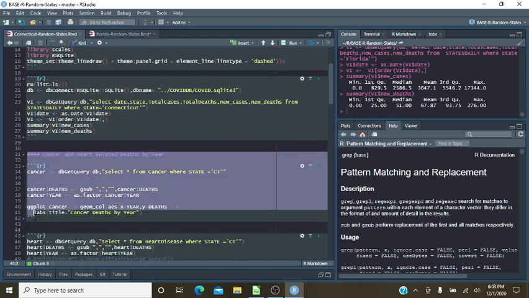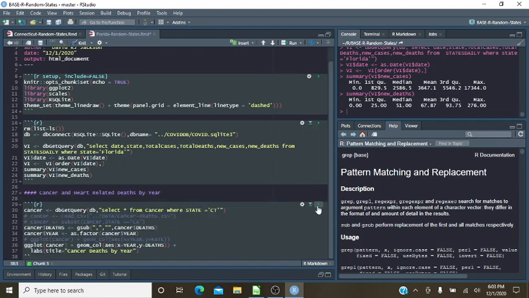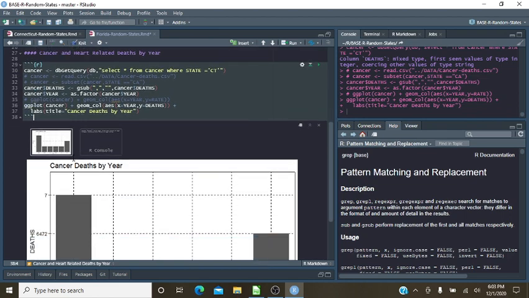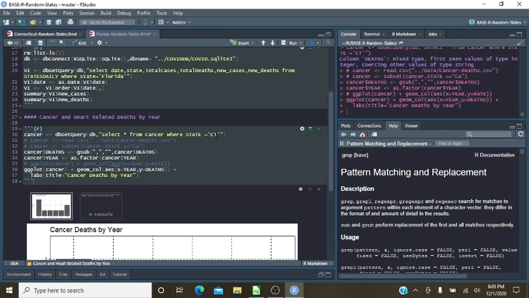Let's just look at their heart rates. I would expect Florida with a senior population to be up there pretty good with other states. So, nope, we got to change this.